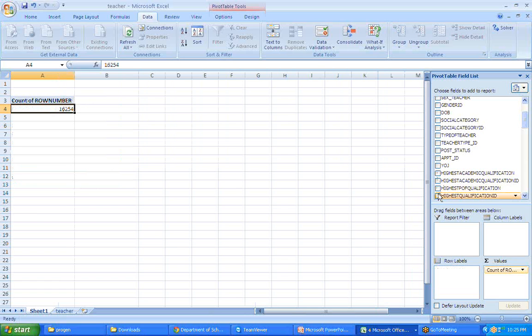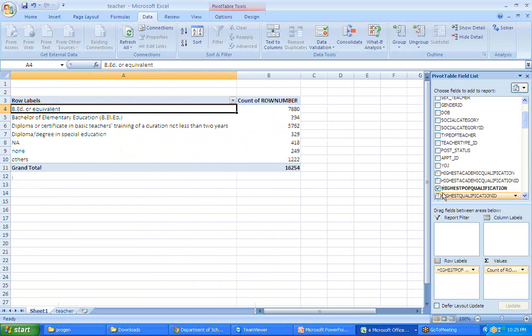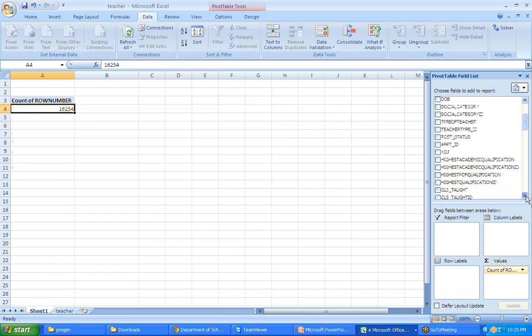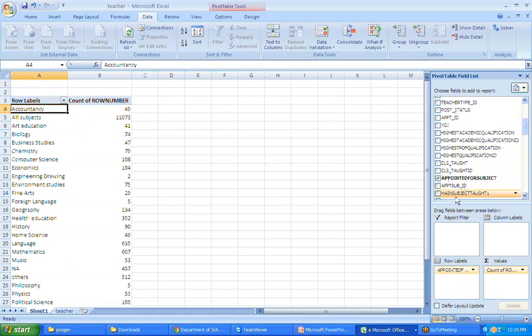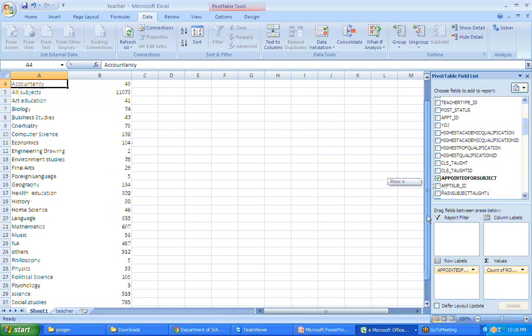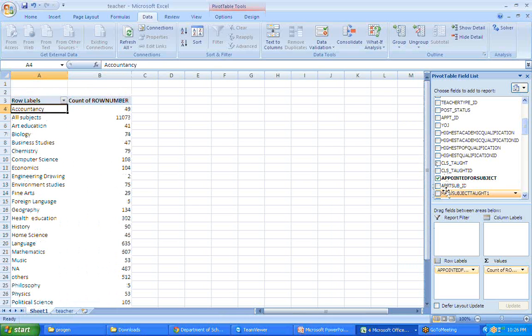Then we looked at the highest professional qualification. Most of them have a basic teacher's training or a B.Ed degree. That's good news. Then we found that most of them were appointed for teaching all the subjects. That was very interesting, that very few teachers were actually specialized.